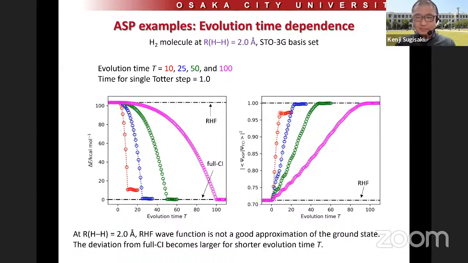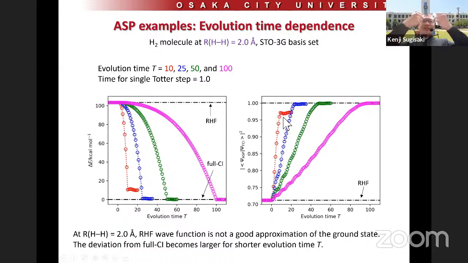Of course, this is very high because the Hartree-Fock wave function has a square overlap of about 0.71. So we can say that the wave function is improved by the adiabatic state preparation, but does not approach unity if the evolution time is shorter.